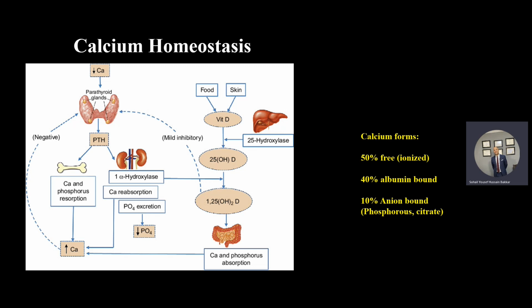So it starts stimulating renal 1-alpha hydroxylase to produce more of 1,25-dihydroxycholecalciferol, which is the active form of vitamin D3, to increase the absorption of calcium and phosphorus. So see how all this is beautifully related.